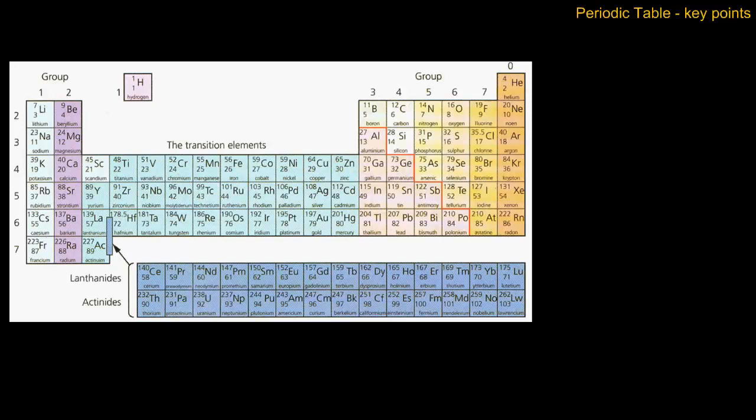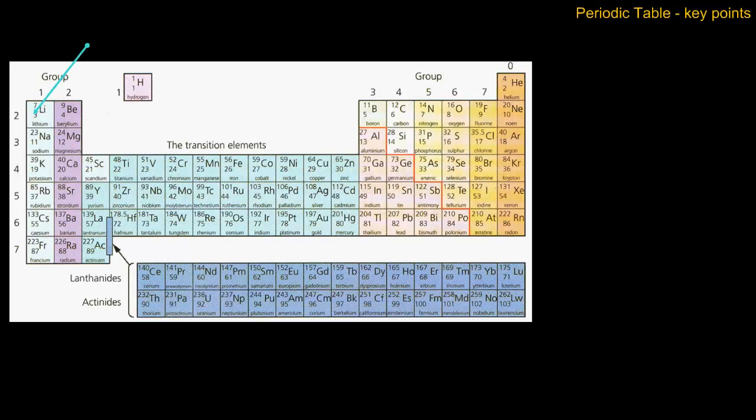So let's take a quick look at the periodic table. The periodic table is basically a list of all the elements in order of increasing atomic number. Now the atomic number is the one here.